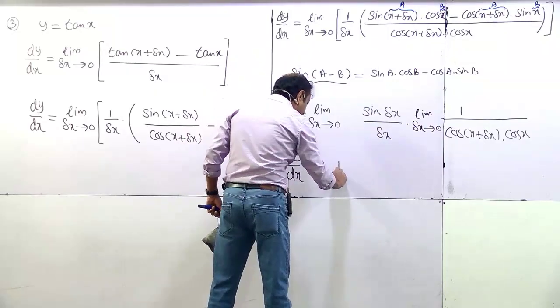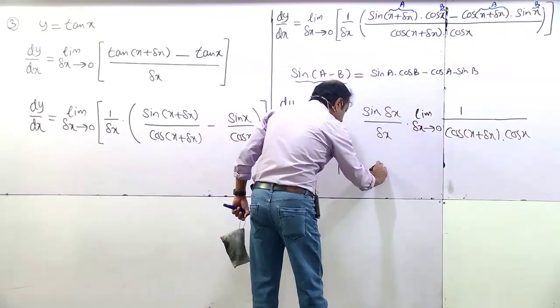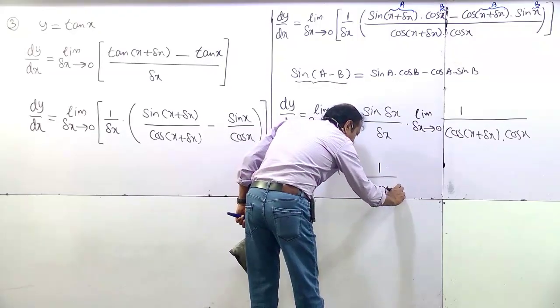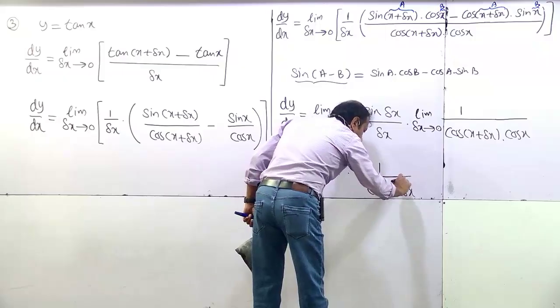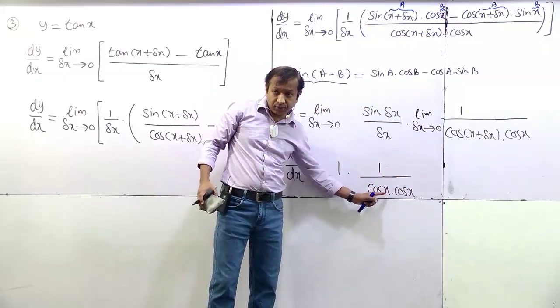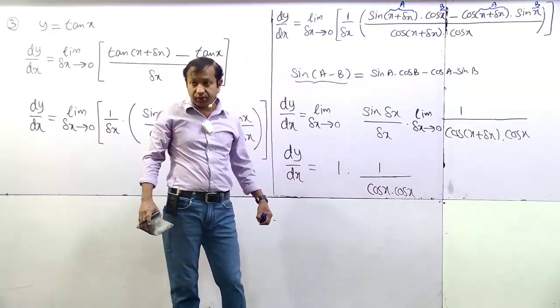This is 1. Delta x 0 means 1 over cos x into cos x. Correct, no? Cos x into cos x means cos squared x. 1 over cos squared x means sec squared x. Then the derivative of tan x is what? Sec squared x. Right.